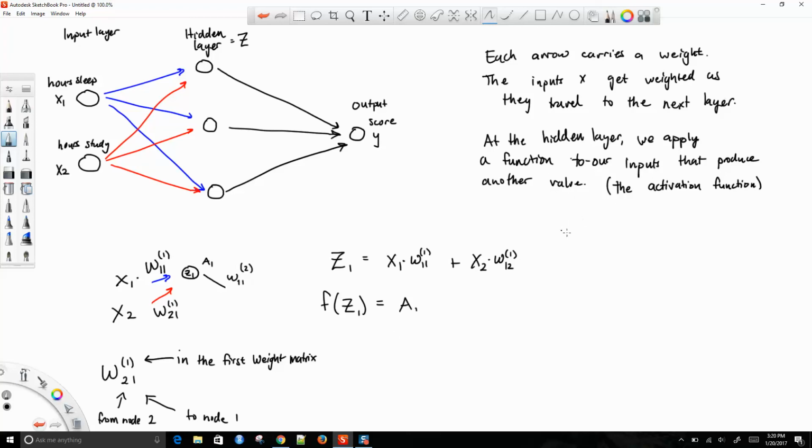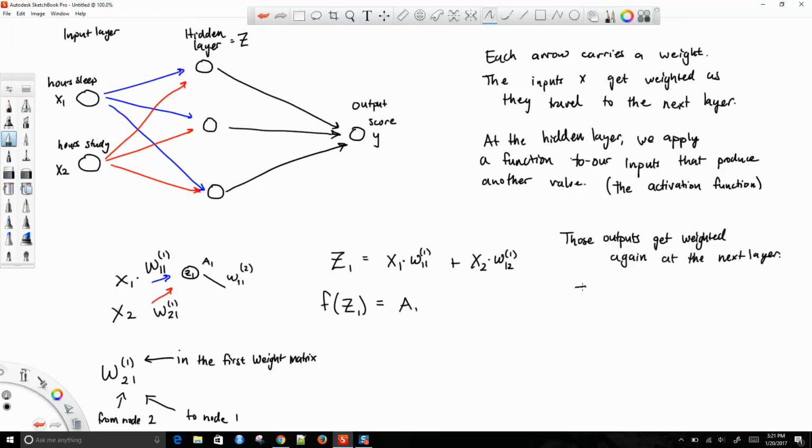Those outputs get weighted again at the next layer, and they travel to the next node.